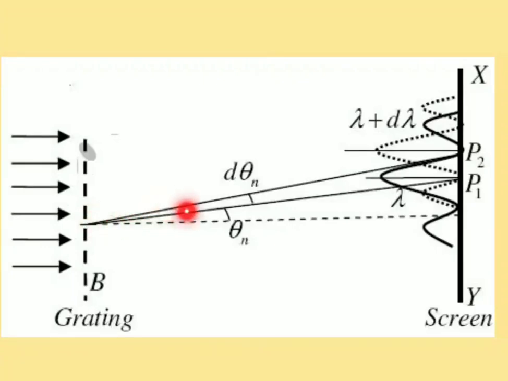So for wavelength lambda, P2 is the position of first minima at an angle of theta plus d theta.